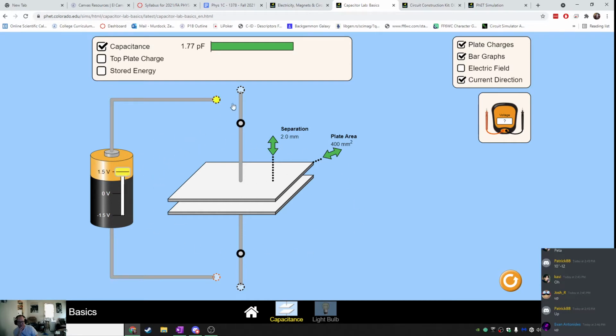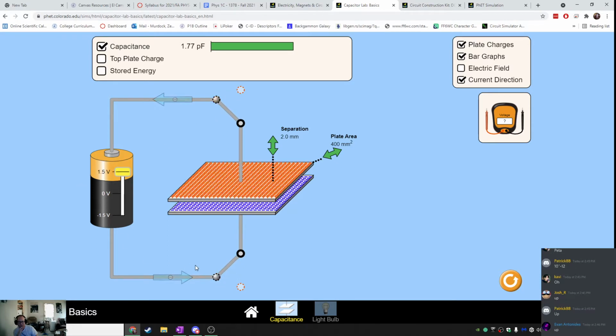Now with 1.5 volts, I can close this switch over here. Oh, I can't close one at a time? I was going to ask you all what would happen if I just closed one of these, but that's okay. If we close both of these, our capacitor is going to charge up. You can see that it did so very, very quickly here. And now it's full of positive charges on top and negative charges on bottom.